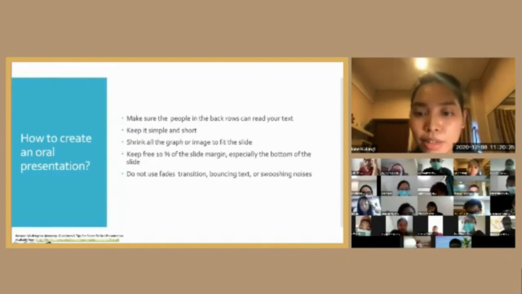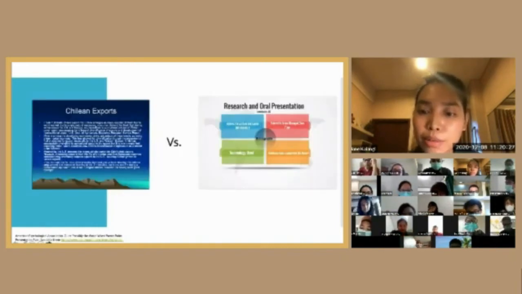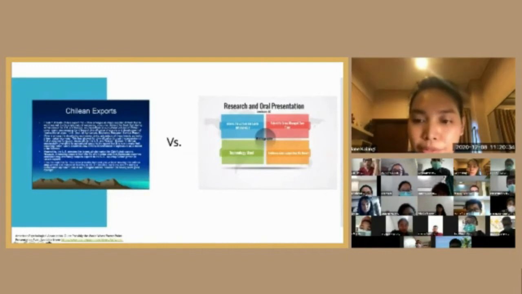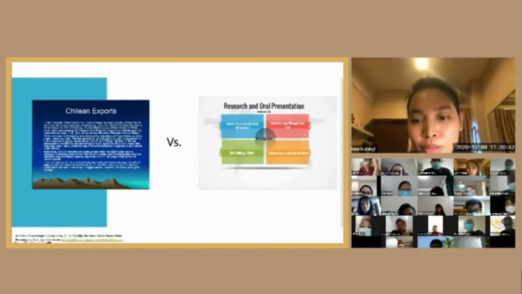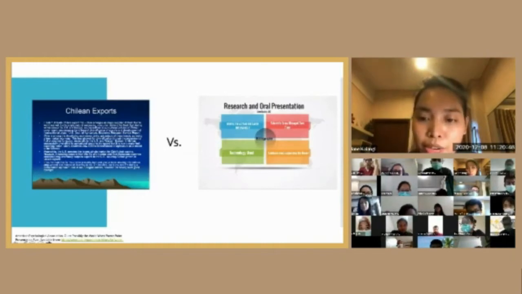Again, this is an example of slides that were used in an oral presentation. As you can see in the slides on the left, the texts are, again, long, crowded, and the people at the back row will have a hard time reading it and picking up the main ideas. The layout is very boring.